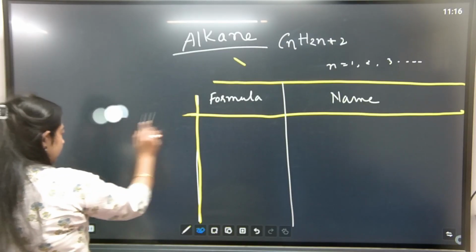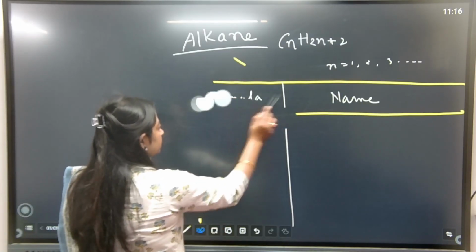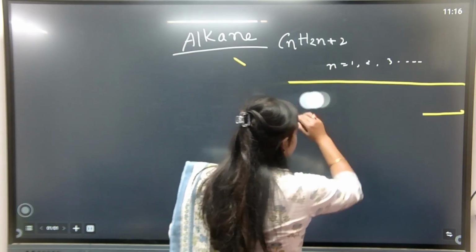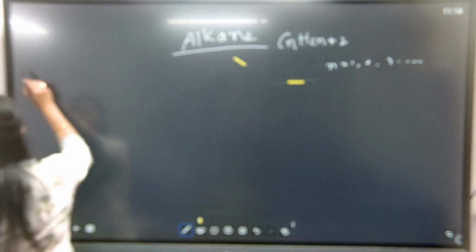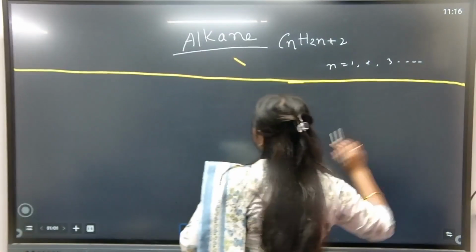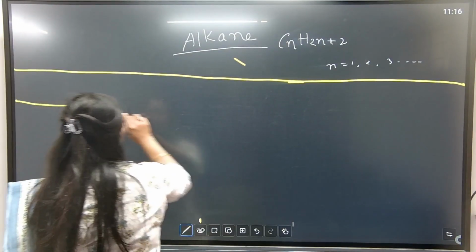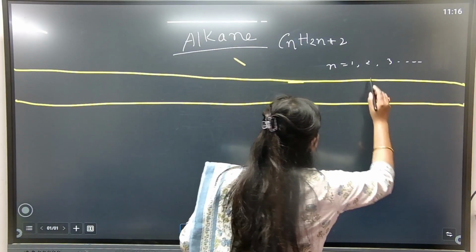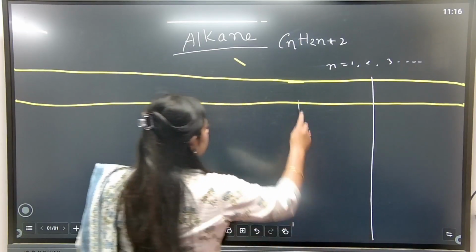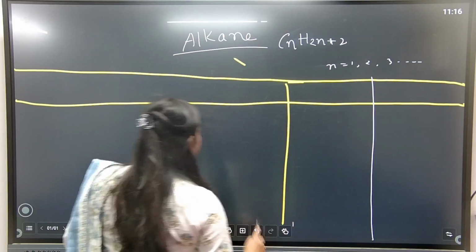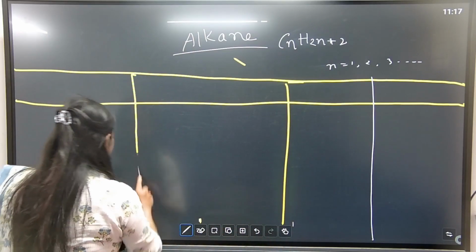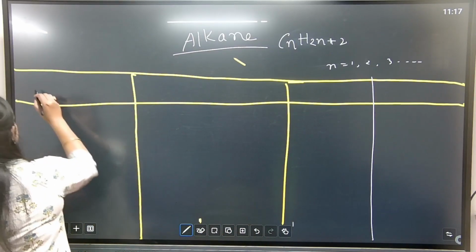I'm again drawing the table. Don't erase because I need large space in the first and second column. This is for name. This is for formula. This is for structure. All right.